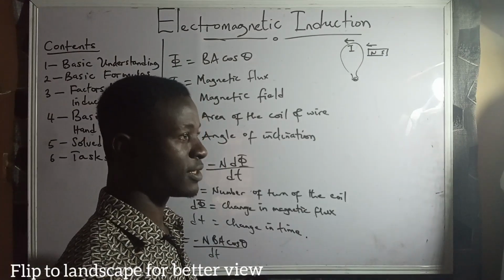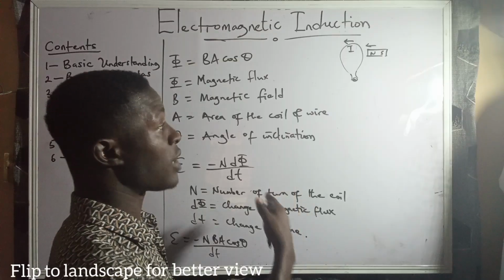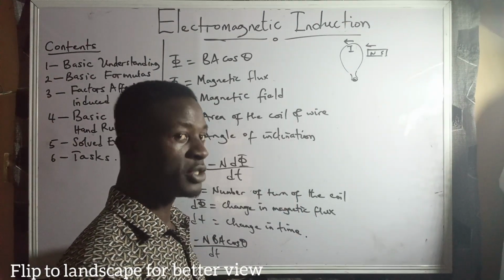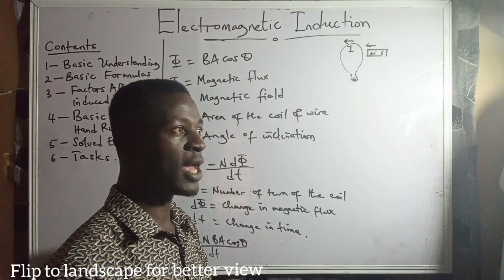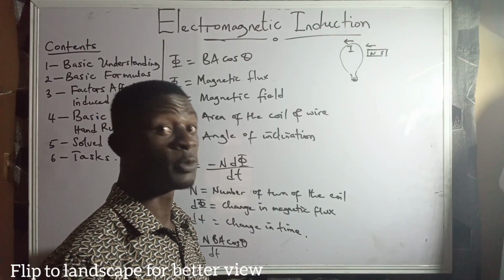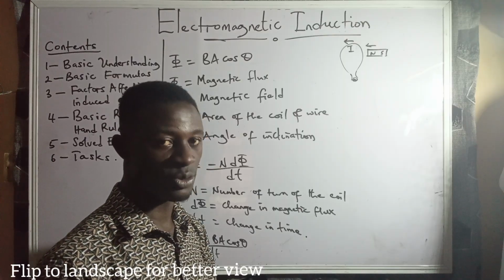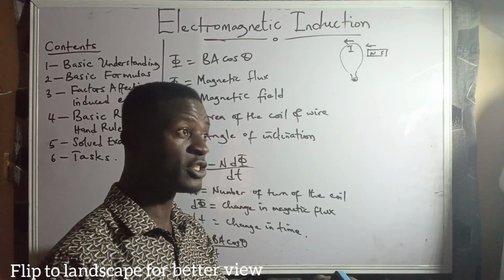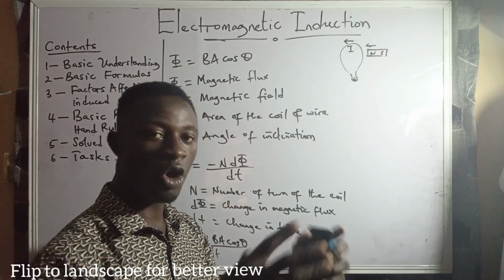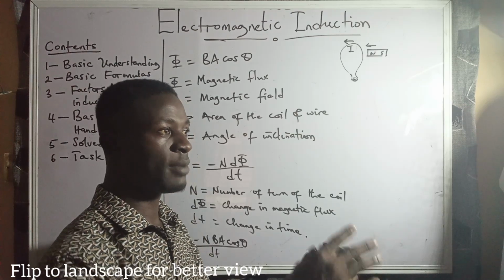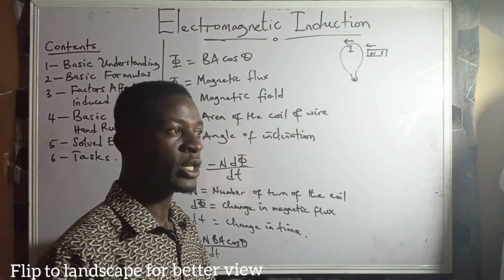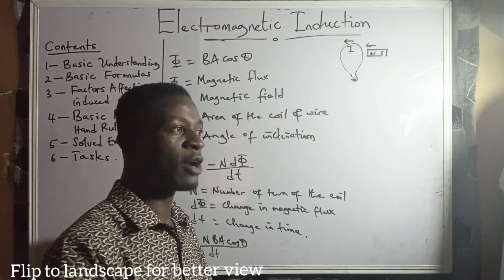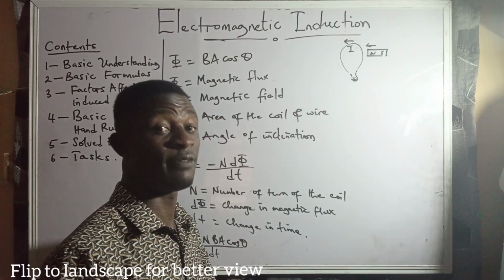What we are trying to explain here is something you have seen around you: the generator. Inside the generator, we have the alternator, which is what gives us the light that we use. We have the mechanical part and the electrical part. The electrical part is made up of a coil of wire and a magnet. When the mechanical part starts working, the magnet inside the coil of wire rotates very fast.